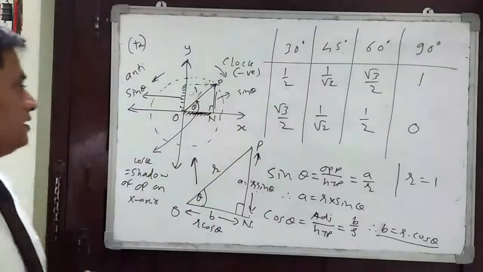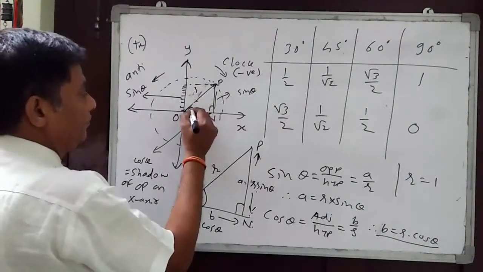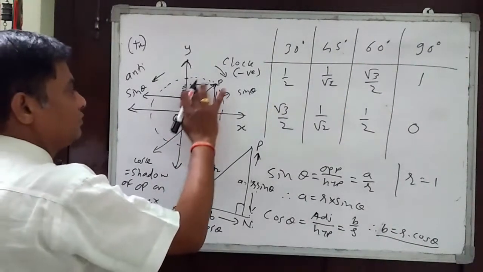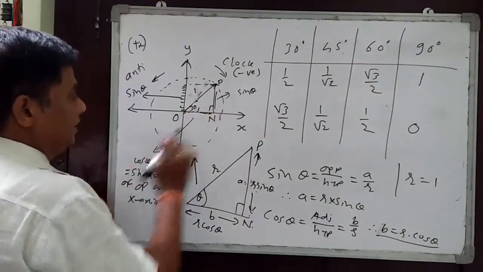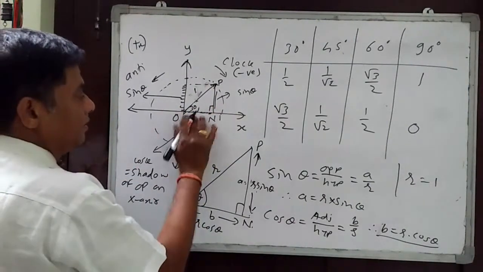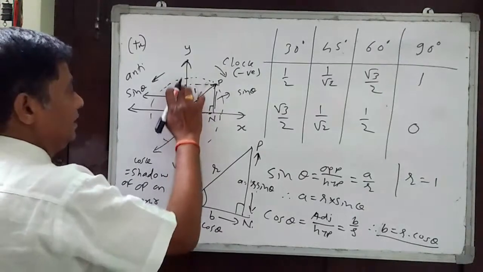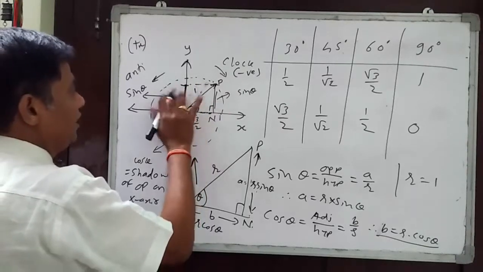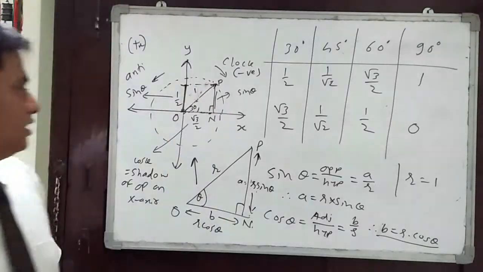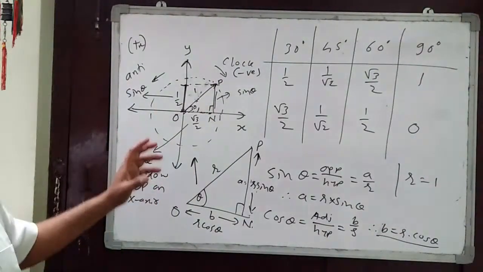So if I consider this theta angle as 30 degree, OP length as 1 unit, I can say cos 30, that is ON, will be root 3 by 2 and sin 30, that is this much length, equal to 1 by 2. So this is the geometrical meaning of sin theta and cos theta.